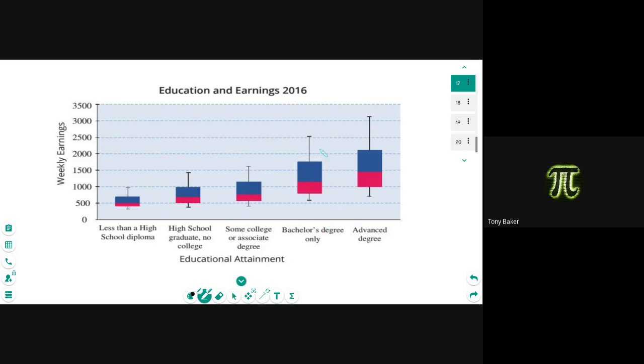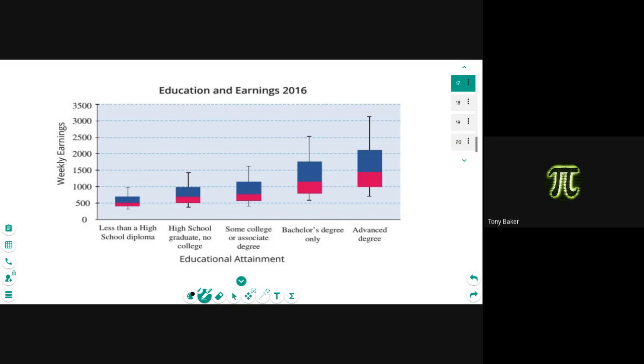And like this one, more than 50% of the data is above the bottom part here. The bachelor's degree doesn't have as much of a high end, but it's comparable to the advanced degrees in that respect. So without having a bunch of numbers and data, we can start looking at that box and whisker plot to get some information about what's going on.